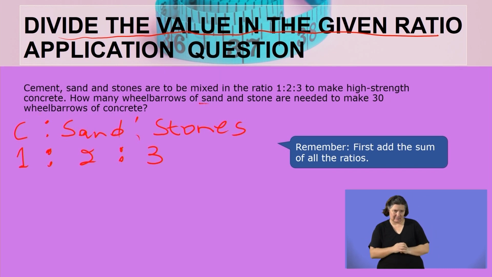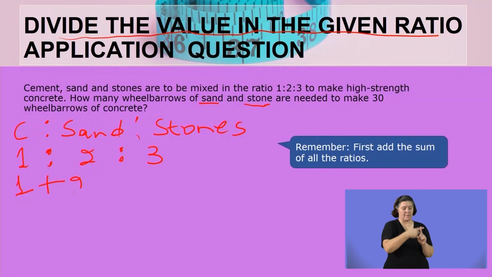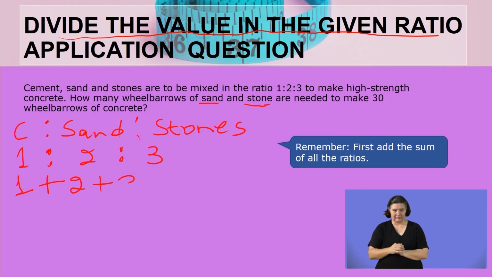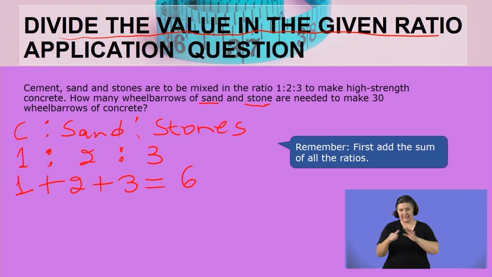concrete? So now we must calculate both the wheelbarrows for sand and stones. Before we can even calculate, we must first determine the sum. So let us determine the sum of the values in the ratio, 1 + 2 + 3, which equals 6. So now we can start with sand.